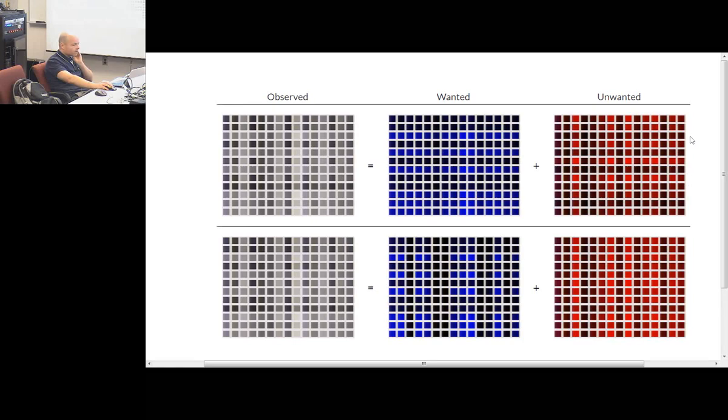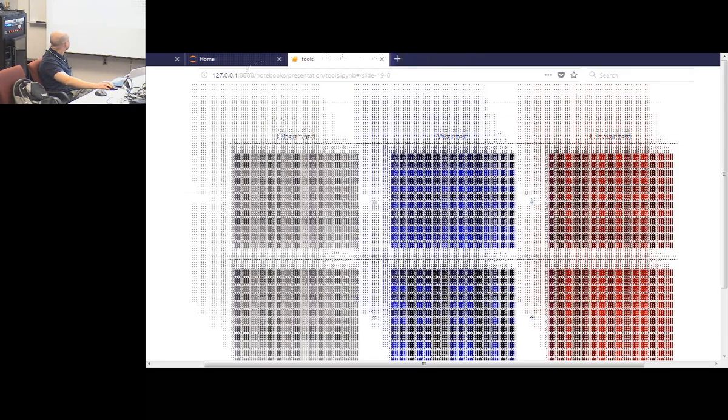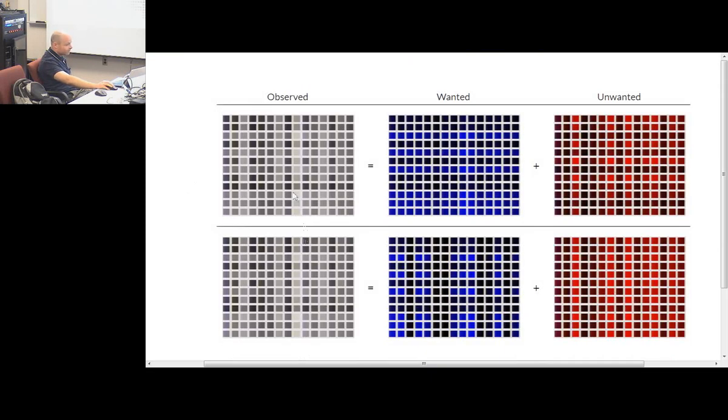And I've got 2 different examples here where the observed variation is the same in both of these examples, but the part that's wanted is different between these 2, and the part that is unwanted is different between these 2, but they add up to the same.